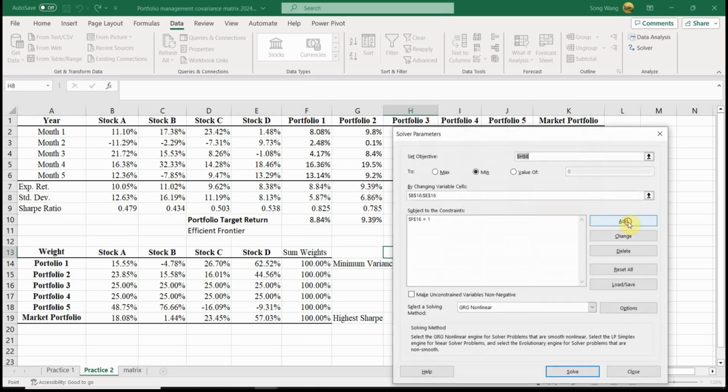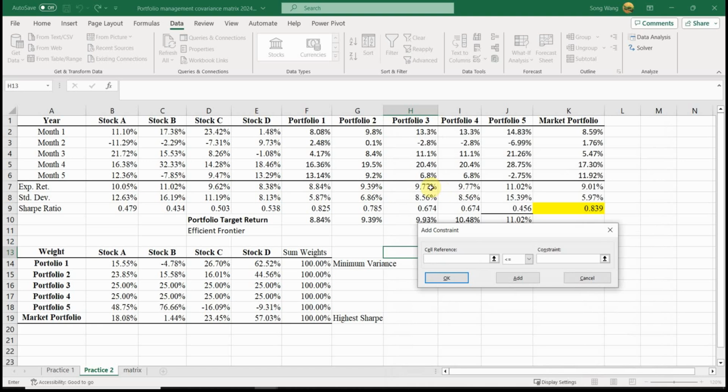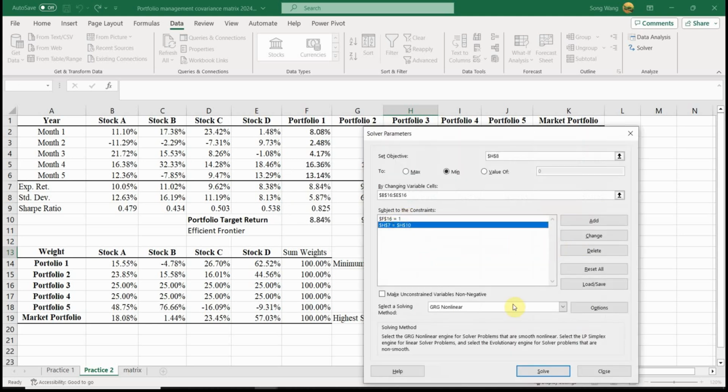Okay, and then portfolio 3's return equals the target return for 3. Okay, add. Okay, so these are all done.